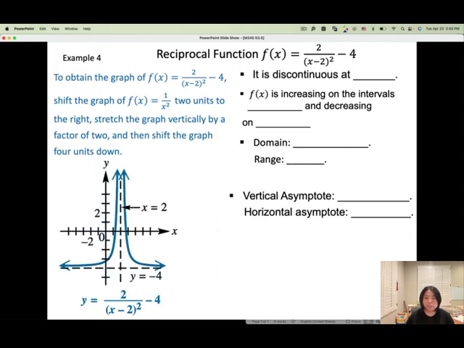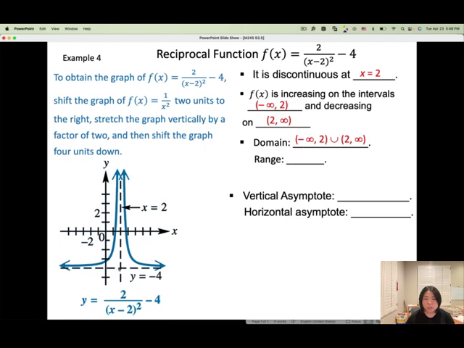Okay, it is discontinuous at x equal to 2, right? x cannot be equal to 2. And then f of x is increasing here, from negative infinity until 2. And then decreasing, that will be from 2 to positive infinity. The domain, that will be added up together.